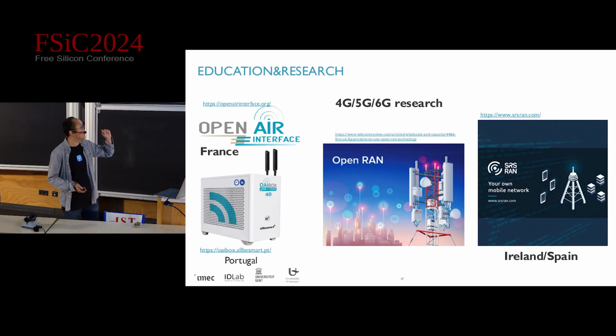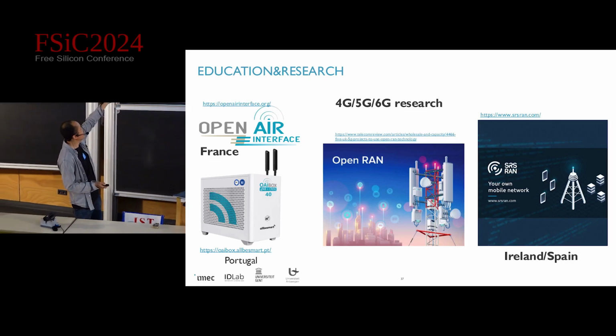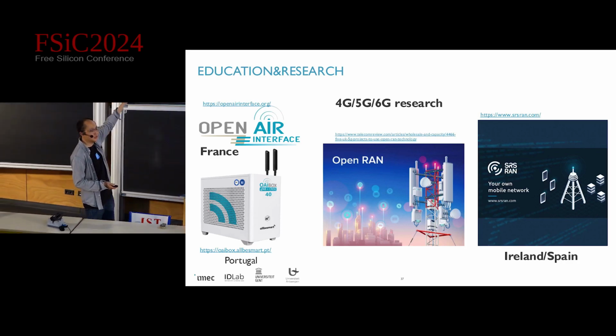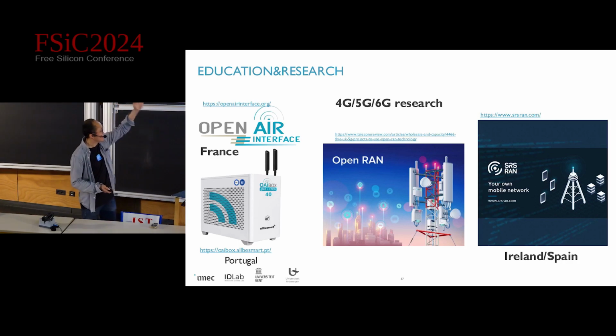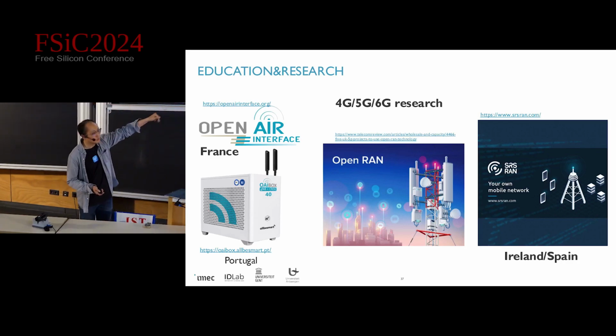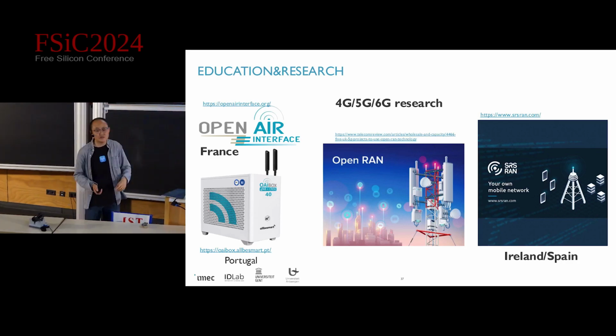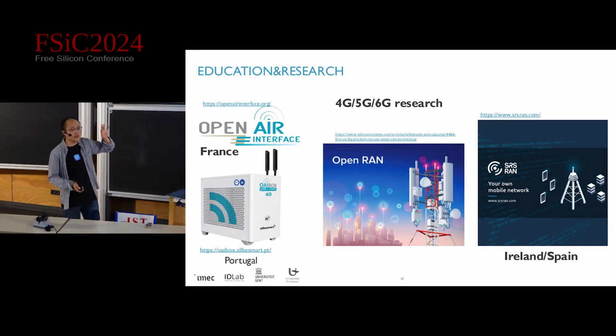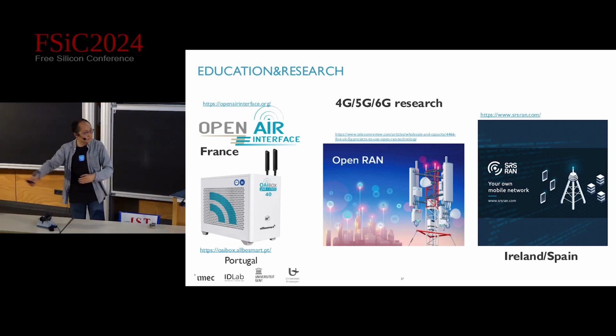Actually, in the 4G, 5G research domain, this is already the case. On the left, there's the OpenAirInterface project, initiated in France. On the right, there's the srsRAN project, initiated in Ireland. These two projects try to build the mobile communication stack from scratch, from the physical layer to the MAC layer to the core network.